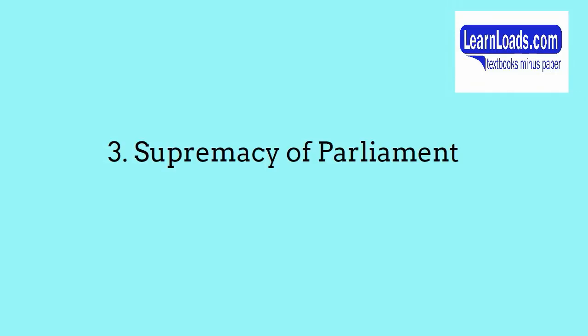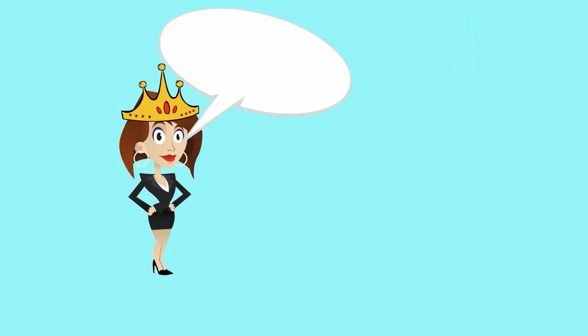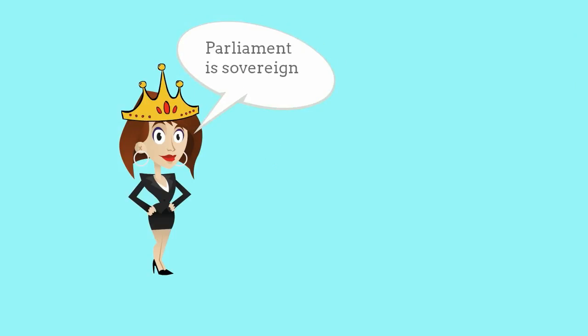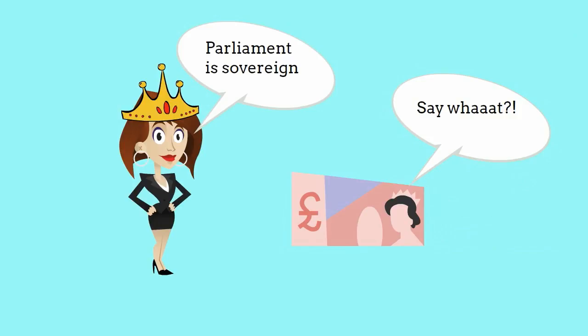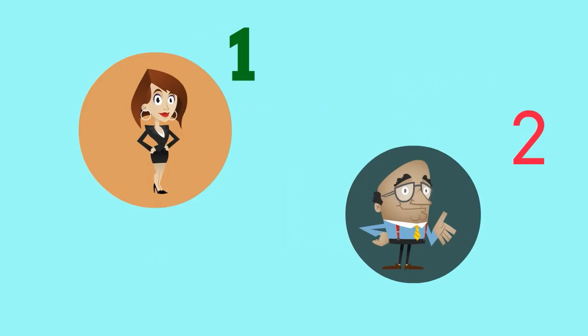Third principle is the supremacy of Parliament. Supremacy of Parliament is sometimes called parliamentary sovereignty, and what it means is that Parliament is the highest source of English law. There are several implications to this idea. Firstly, although the courts can and do make law, they're obliged first and foremost to apply the laws that Parliament makes, those acts of Parliament.